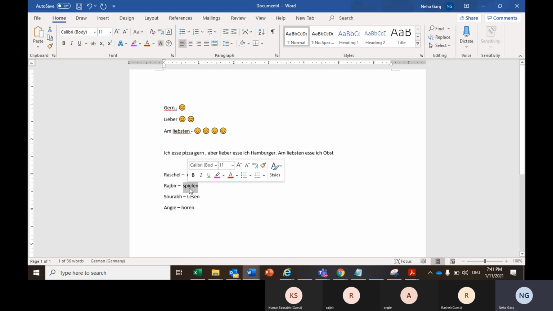Then Spielen, maybe like Rajbir, you have to write which sport you play preferably, then more preferably, and then most preferably. Same for Lesen, you have to write which type of books you prefer to read, more preferably, and then most preferably. Similarly, Angie will write for Hören, maybe any singer she prefers to listen to. Clear?